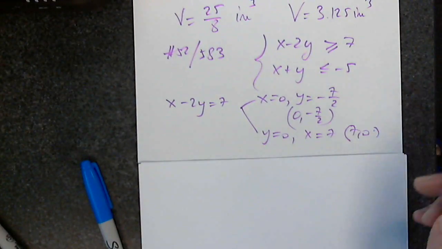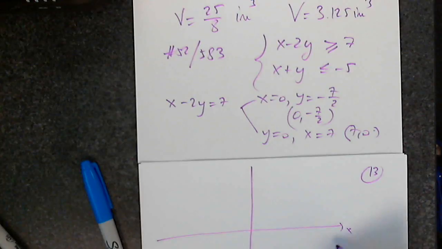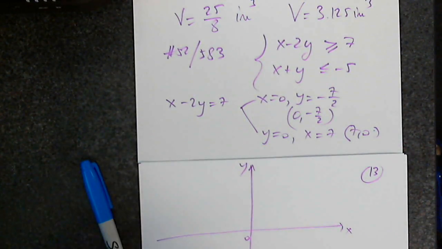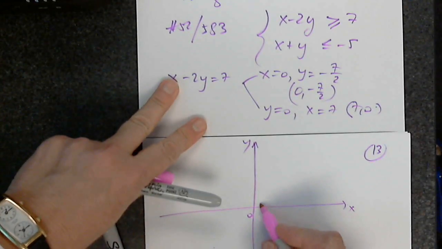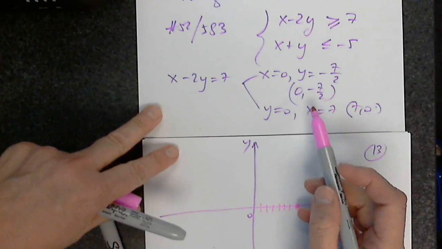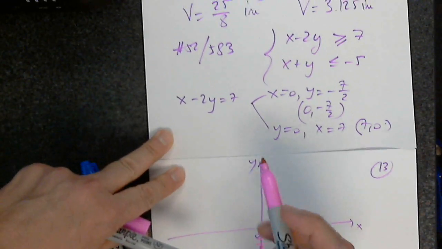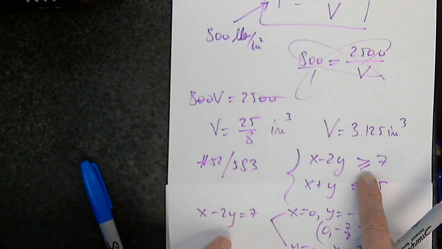I plot these two. 7, 0 is easy. And 0, negative 3.5. I look, it has the equal symbol.